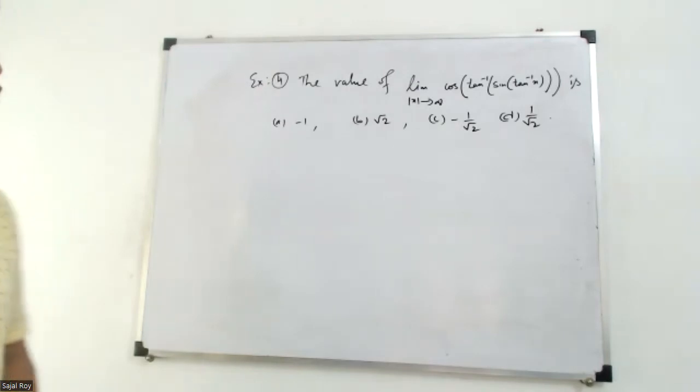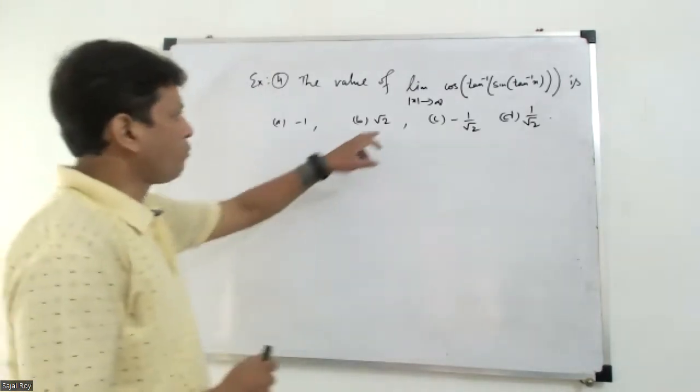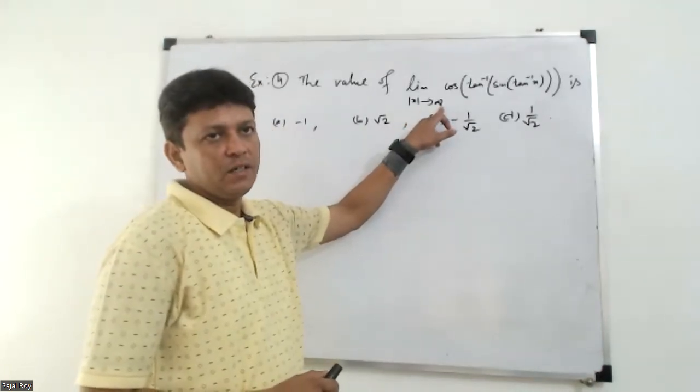That means you have to go for x tends to infinity and x tends to minus infinity. Mod x tends to infinity means x goes to plus or minus infinity.